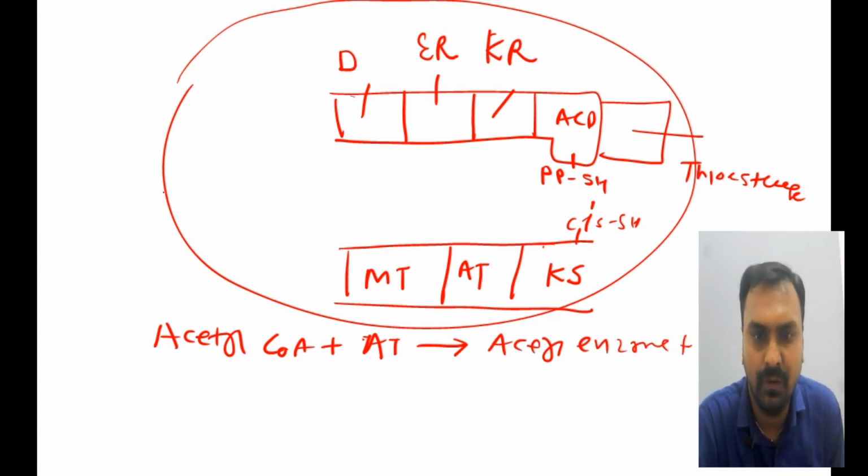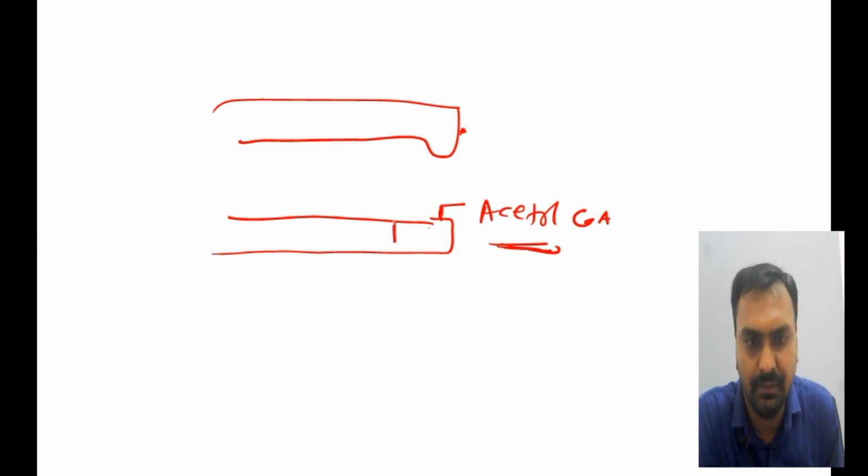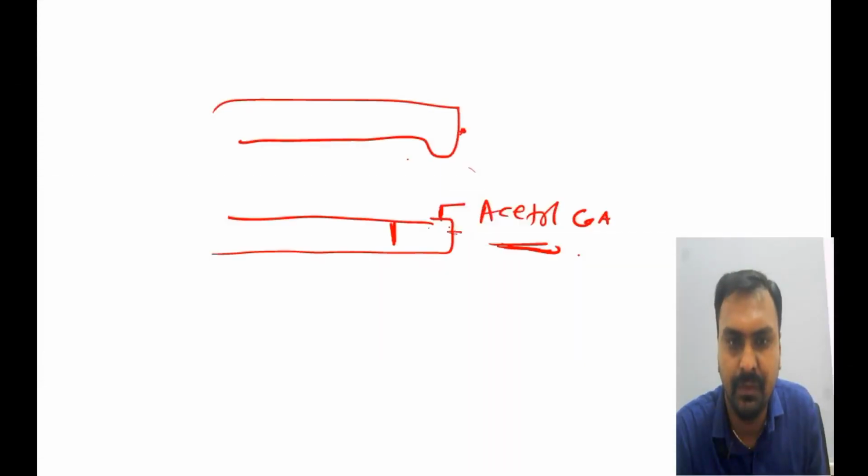So first, acetyl CoA binds with the ketoacyl synthase portion, and it is a temporary holder.